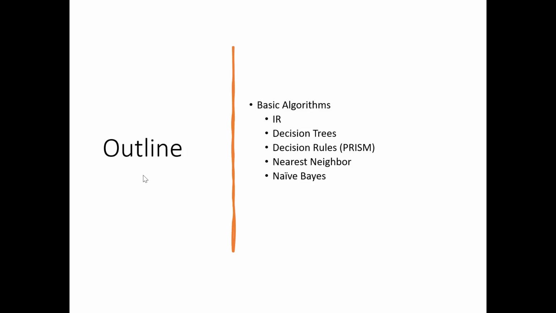In this part, we are going to talk about the basic machine learning algorithms. The basic ideas, I'm not going to go into detail, but I will also show you how we can implement them using Weka. The first one is, when you're given a data set, you can just look at the class variable and then use the majority.